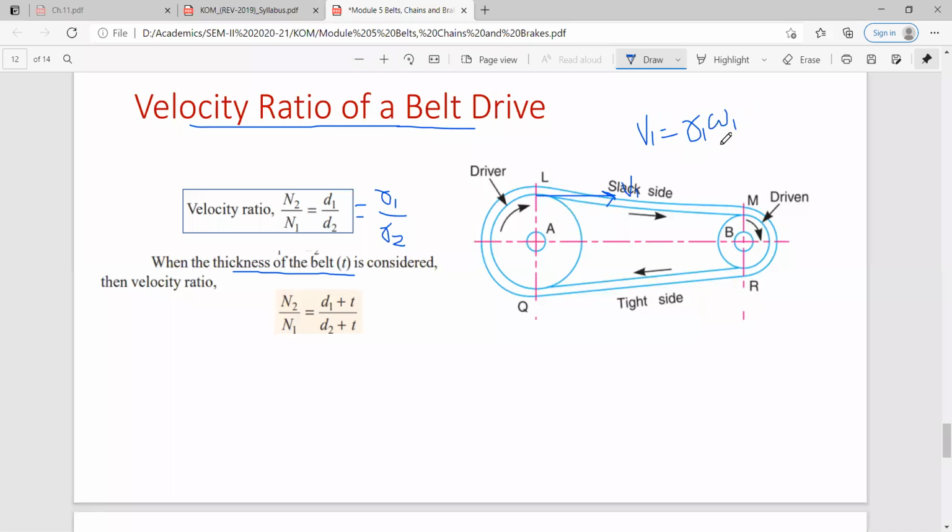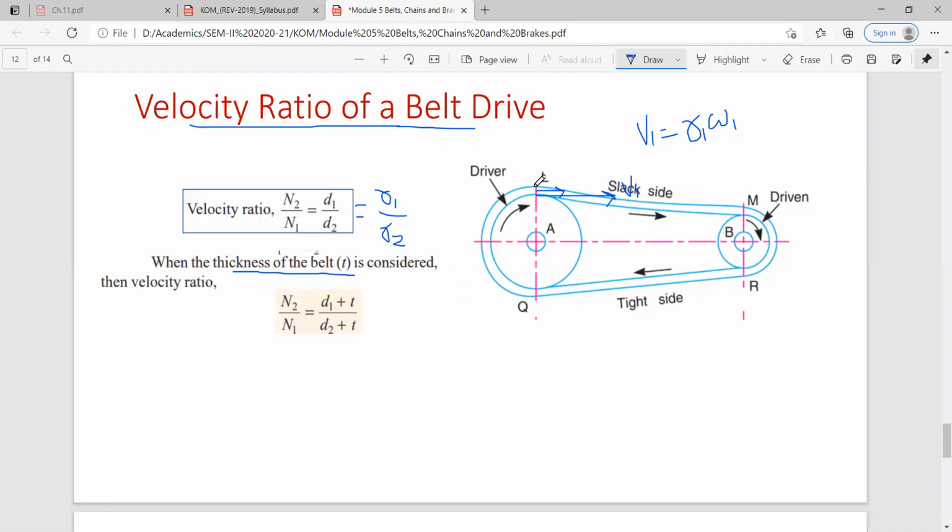Omega 1 is 2 pi n1 upon 60. But when you consider the thickness of the belt, then you measure the velocity at the mid of the belt. यहाँ पे measure करते हो velocity.